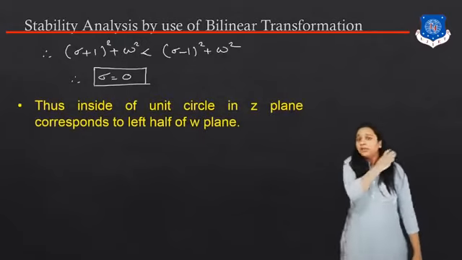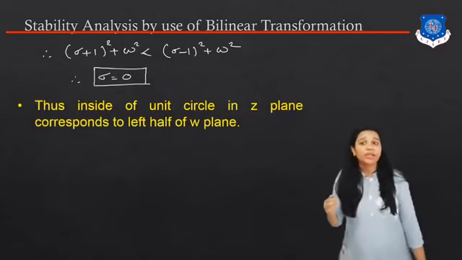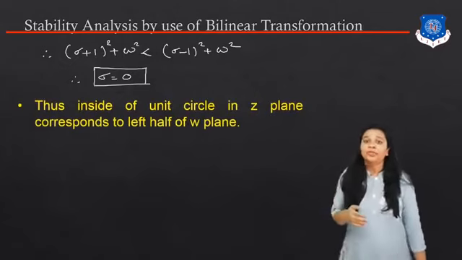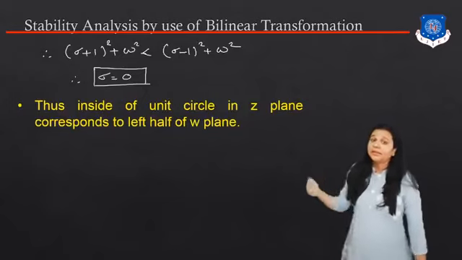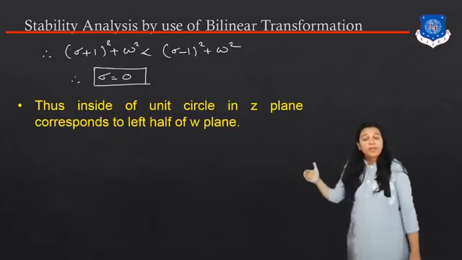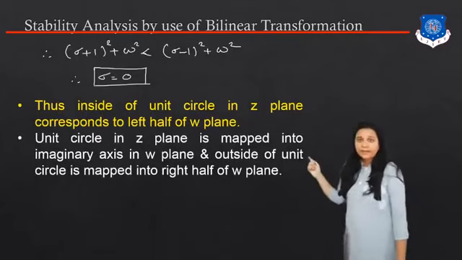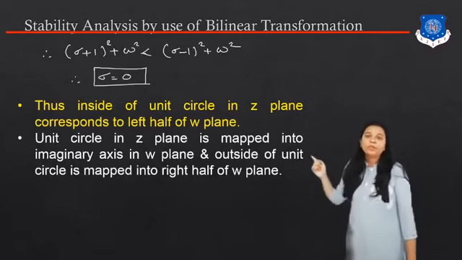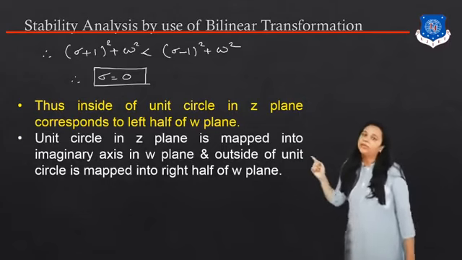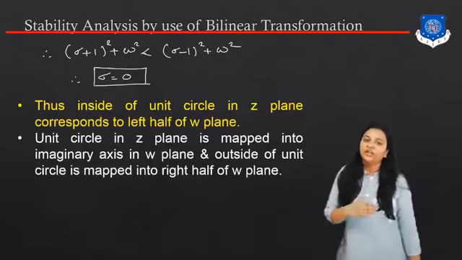Now, the inside of the unit circle in the z plane corresponds to the left half of the w plane. It indicates that all the roots are located in the left half plane of the w plane. So the unit circle in the z plane is mapped into the imaginary axis in the w plane, and the outside of the unit circle is mapped into the right half of the w plane.